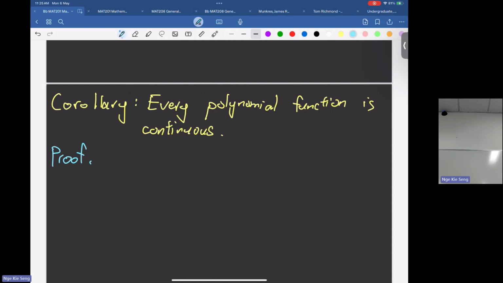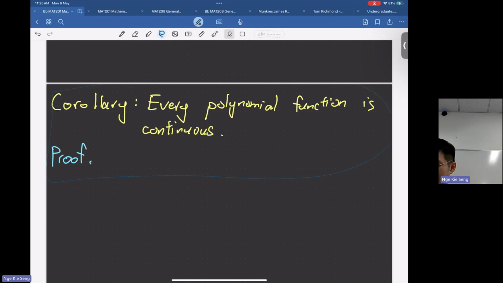What are polynomial functions? What are monomials?